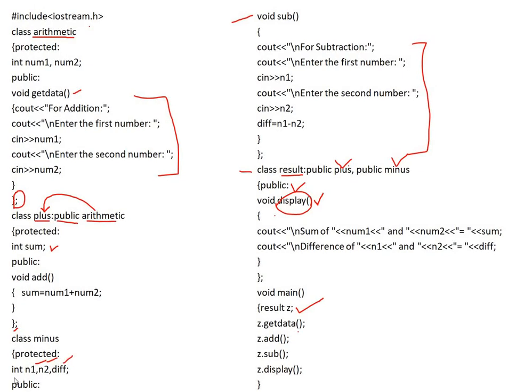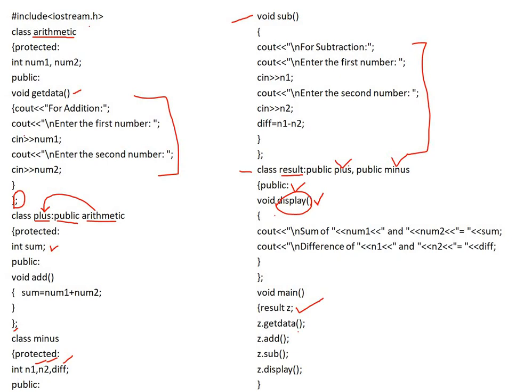After creation of an object, the memory is allocated to the data members of all the classes. That is, memory is allocated to the data members of the derived class, the intermediate base classes, and the base class.